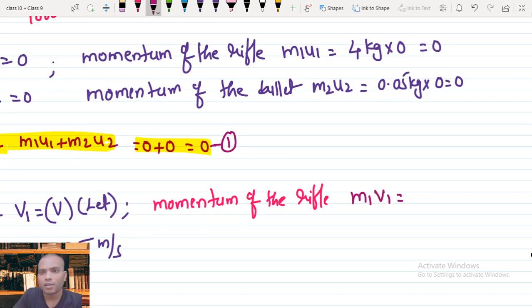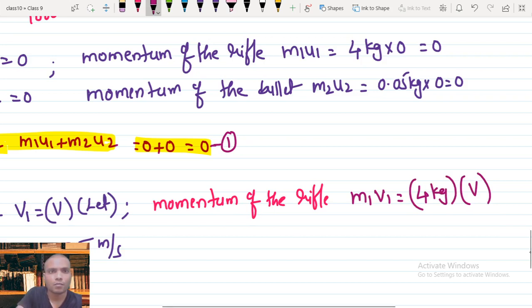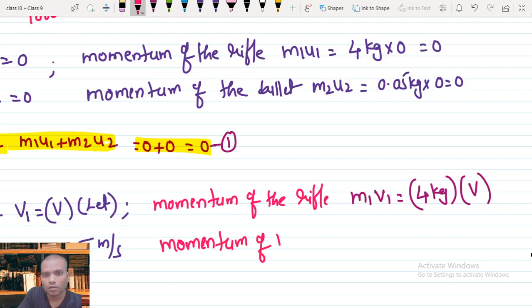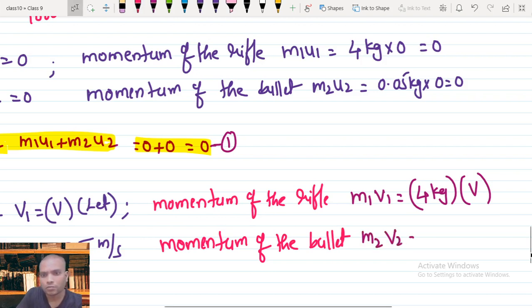So m1 value is 4 kg and v1 I have taken as v. Now similarly, the momentum of the bullet equals m2v2.